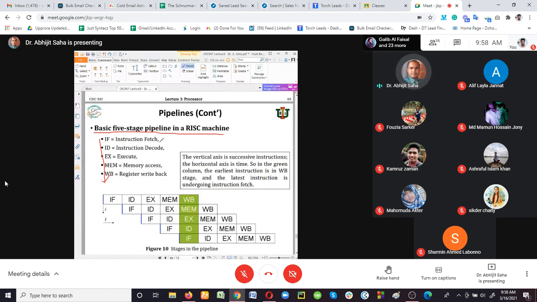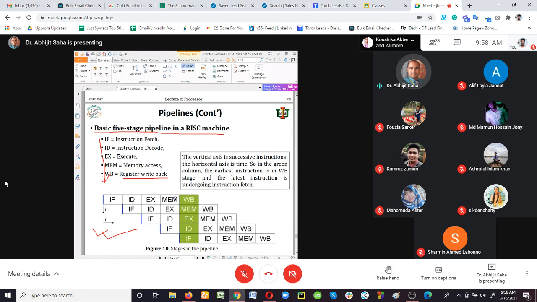IF means instruction fetch, ID means instruction decode, EX means execute, MEM means memory access, and WB means register write back. I am using the short forms to show this very simple example so you understand exactly what is happening.